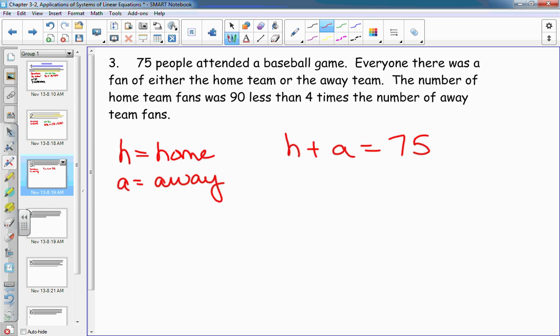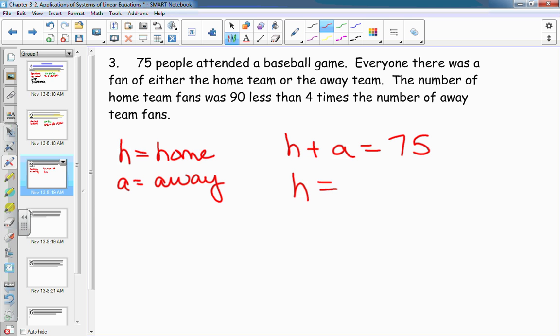How do I write that mathematically? Home. What's home? H. What does was mean? It's the past tense of is, which, what does is mean in math? Equals. So H equals, right?